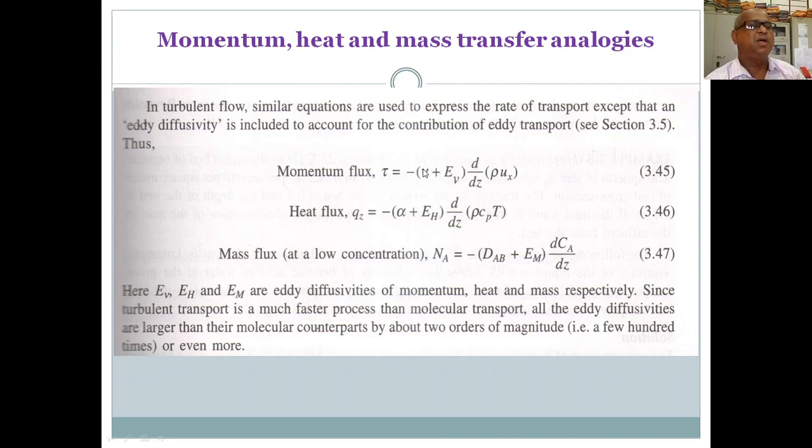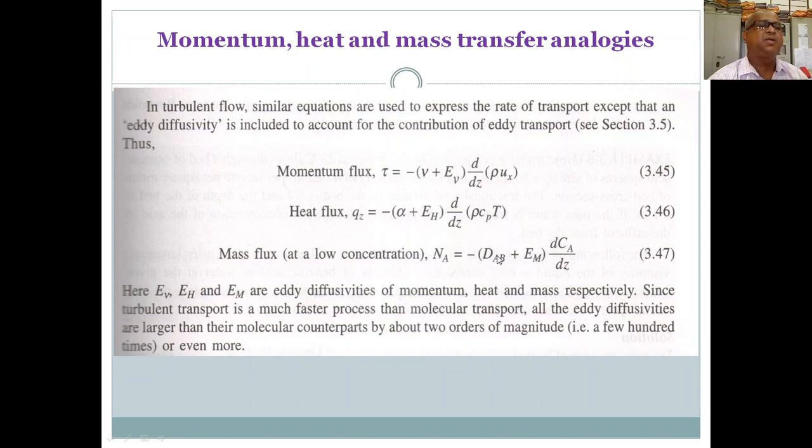So this is the molecular diffusivity nu, and corresponding to this eddy, the eddy diffusivity term will come. Similarly, for heat flux, this is the laminar thermal diffusivity, and corresponding the eddy diffusivity of heat. This will be rho into similar.